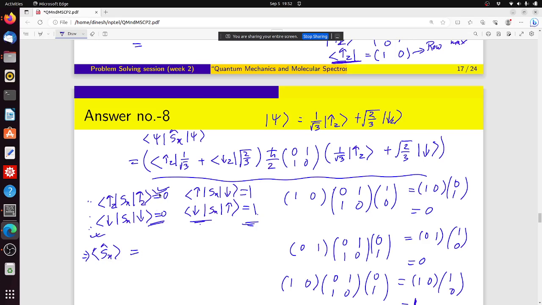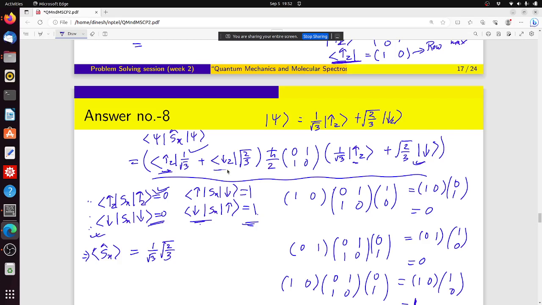So up up will be 0, then up down will be non-zero, so the coefficient will be multiplied. So it's 1 by root 3 and here 2 by 3. So this cross term will survive, and this same spin state will go to 0.